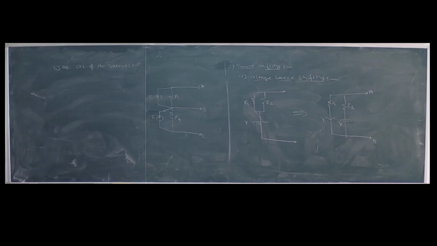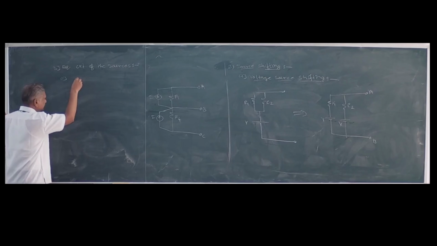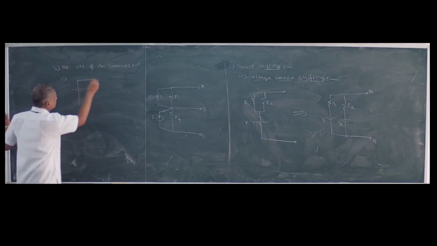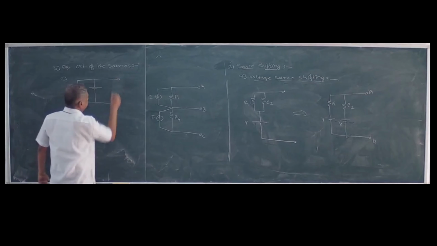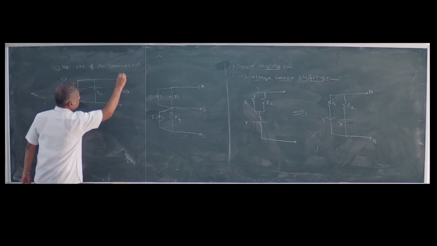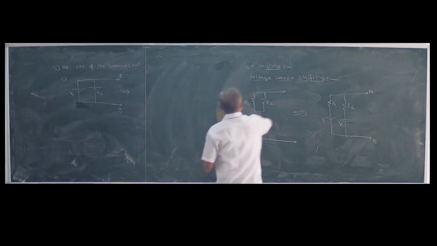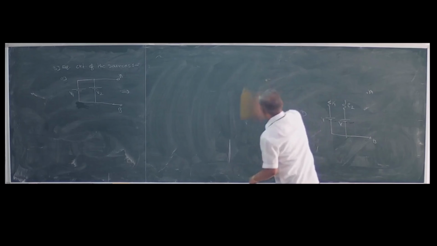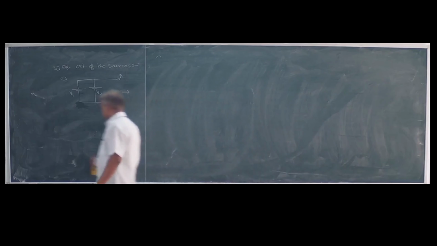Equivalent circuit of the sources, because many times it will also help to find out the series and parallel combination of the sources. Here first I will consider this figure. What will be the equivalent figure of the sources which are connected in this fashion?